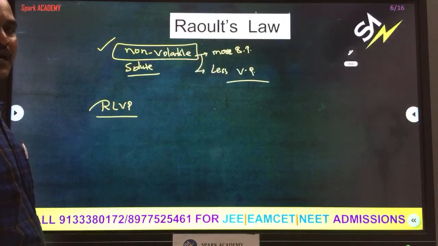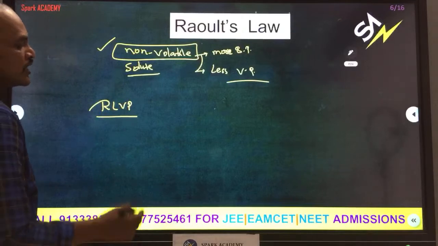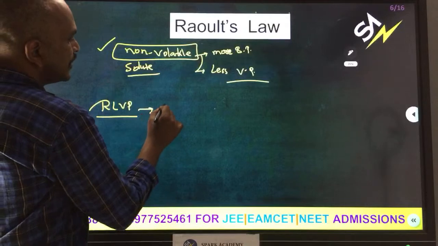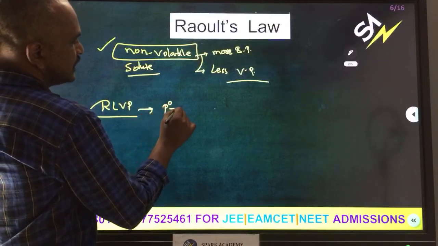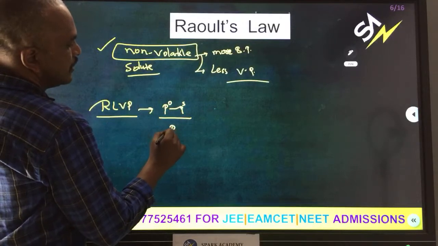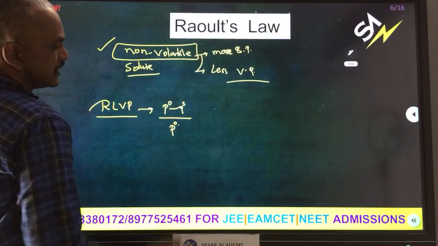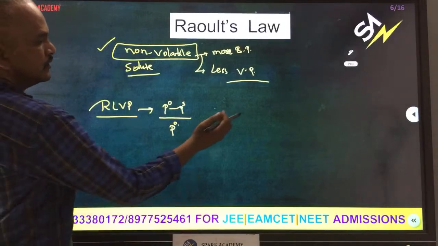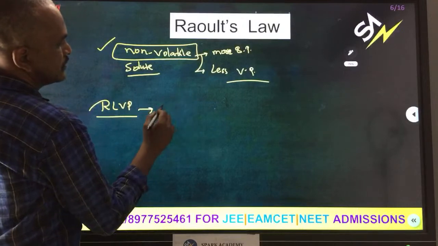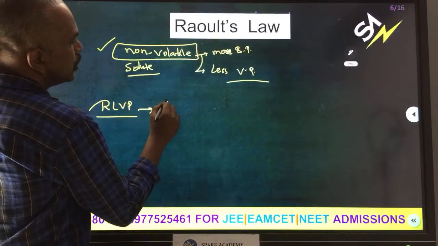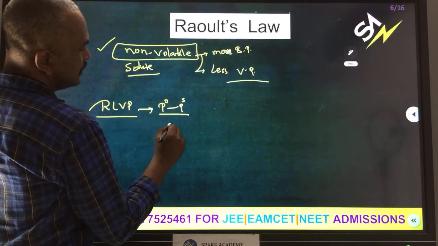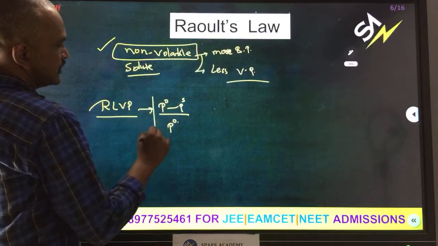Relative lowering of vapor pressure means the ratio between the lowering of vapor pressure and the vapor pressure of the pure solvent.